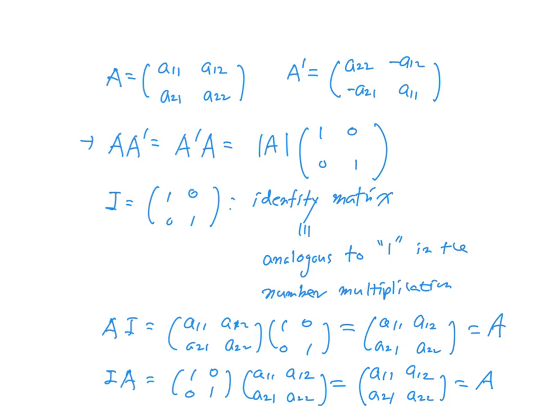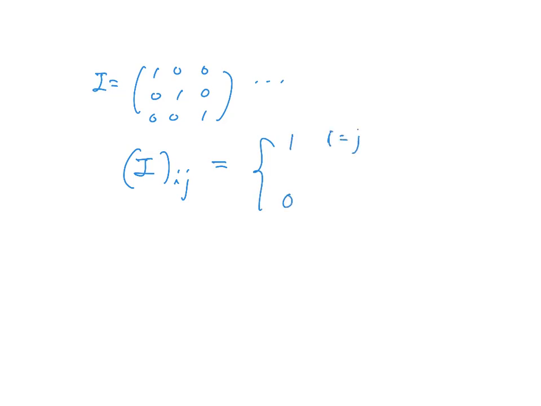If the matrix size is bigger than 2, for 3 by 3, the identity matrix can be 1, 0, 0, 0, 1, 0, 0, 0, 1, etc., etc. So we can have the following: the ij component is 1 or 0, right?